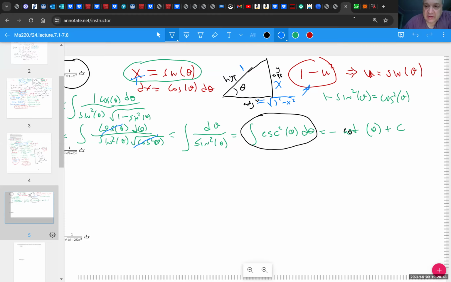So what is cotangent? Cotangent of theta is the adjacent over the opposite, according to our formula. And that's equal to what? The adjacent is the square root thingy, and the opposite is x. So that's the thing that goes in for cotangent.